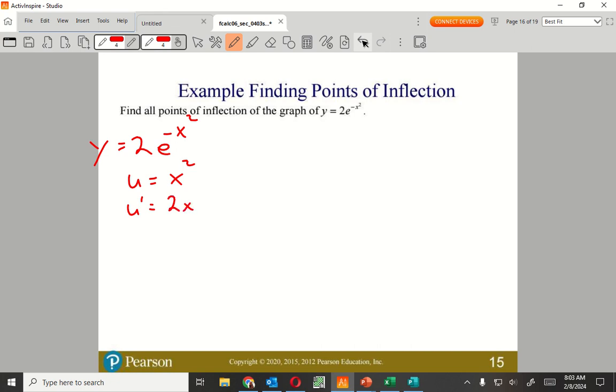Okay, so I'm going to rewrite it as 2e to the negative u. And the derivative is going to give me negative 2e to the negative u times u prime, which is 2x.